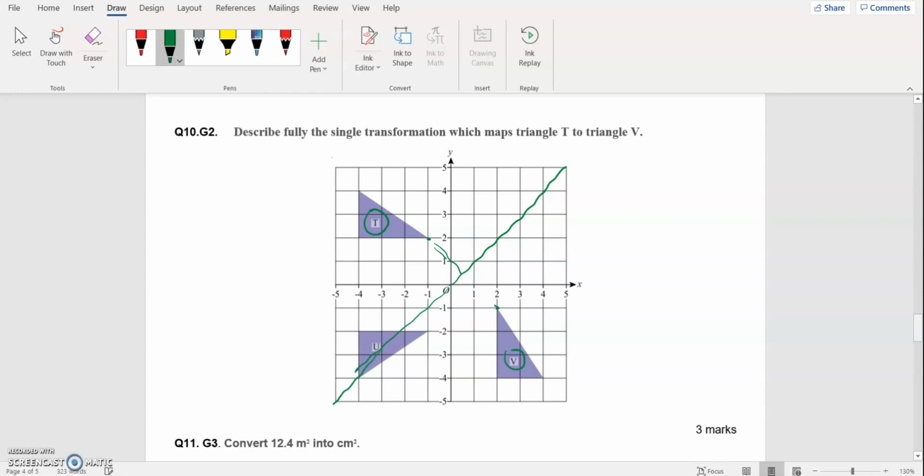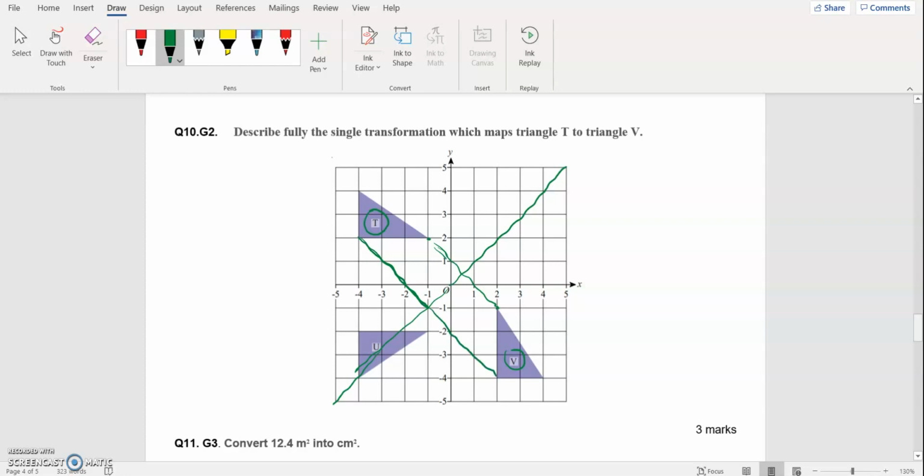So there is 1.5, and there is 1.5 on the other side. Let's have a look at the other corners. So there is 1, 2, 3, 1, 2, 3.